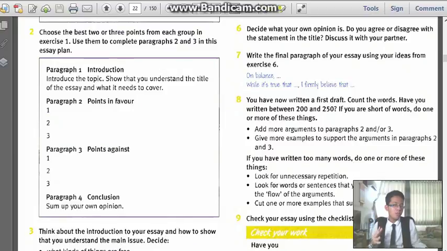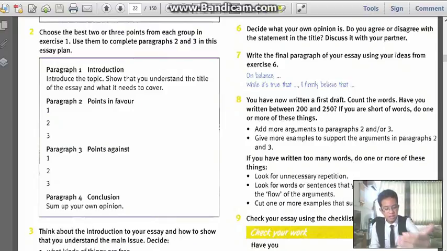So the form will be: paragraph 1, introduction. Introduce the topic. Show that you understand the title of the essay and what it needs to cover. Yes, you have to explain, like the writer's essay on page 22, which is just before this page. Para 2, points in favor.